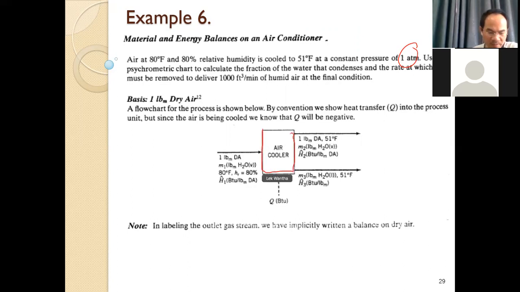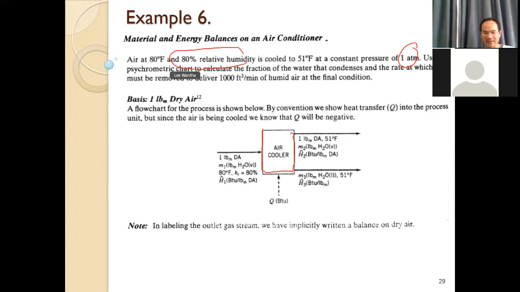We have the feed. For this case, we assume 1 pound of dry air in the feed, and we don't know the water. We represent it by M1. M1 means the mass of water vapor in the air. For this case, we know the feed is 80% relative humidity.